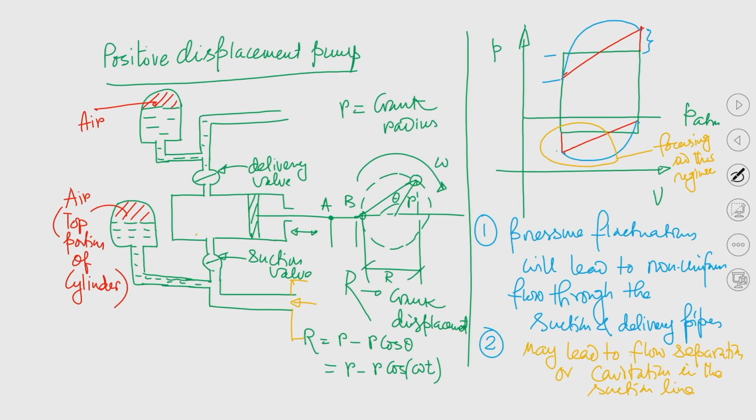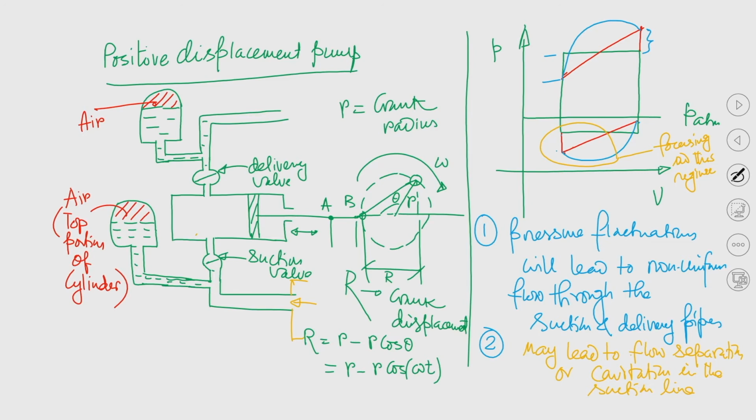What is done? We have another arrangement. When the pressure drops significantly inside the cylinder, rather below the atmospheric pressure, which is quite expected at the beginning of the suction stroke, the higher pressure difference will allow liquid to move through the suction pipeline with a flow rate higher than the average flow rate.